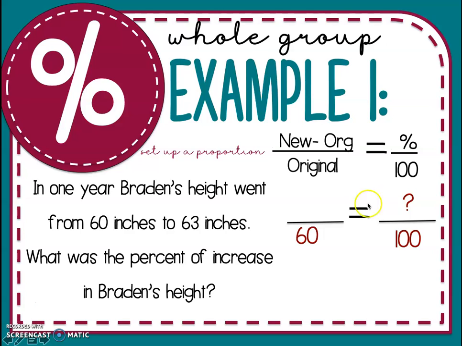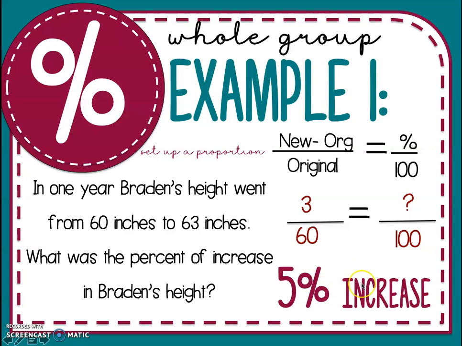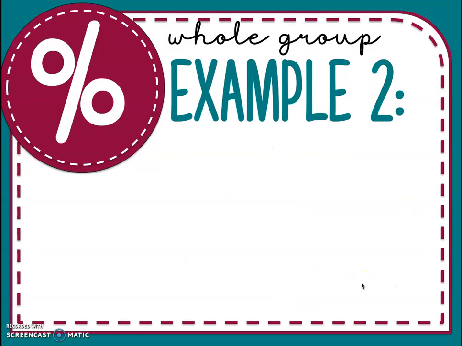That's what we're calculating. Now, the difference between the original height and his new height is 63 minus 60, okay? So the difference is 3 inches. So now we're going to cross multiply and divide. 3 times 100 is 300. We're going to divide out the 60, and we get that it's a 5% increase in his height. Okay? All right, let's take a look at example 2.